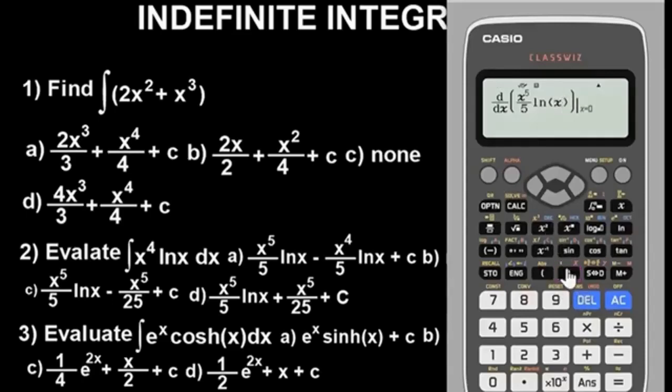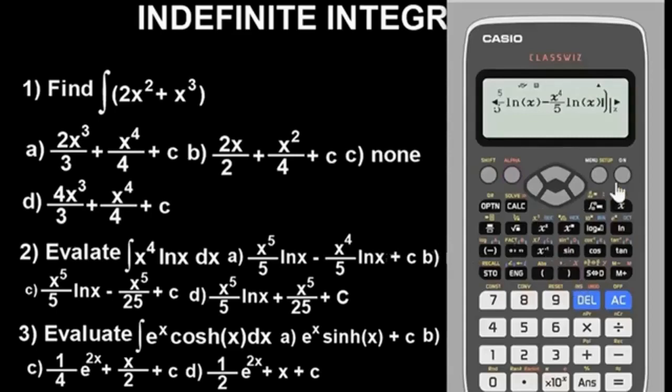Minus, we have minus a fraction. So we have alpha x raised to power 4, over 5. Then we also have ln x alpha x. Close the brackets. That's all, guys. You don't put the plus c, it is a constant.